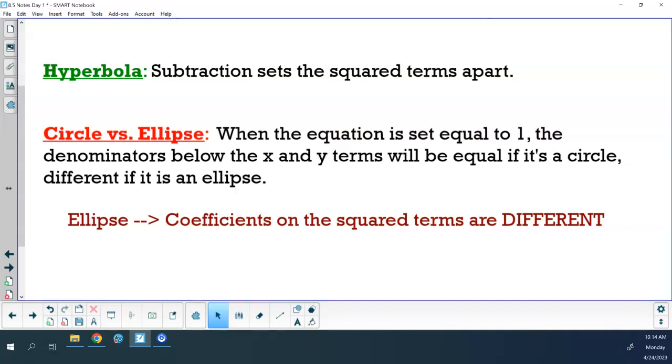The other 2, circles and ellipses, are very, very similar. The only way you can tell the difference is when you get the equation set equal to 1: the denominators below x and y are equal if it's a circle, and they're not equal if it's an ellipse. We'll get into that hardcore come Wednesday.